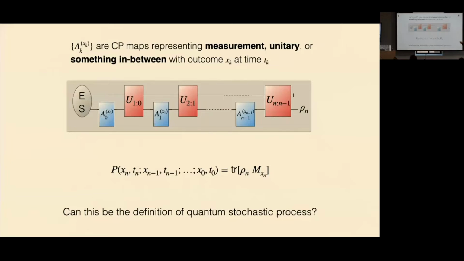And we might make a measurement at the end to turn this sequence into a probability distribution. Now the question is: is this a definition of a quantum stochastic process? Could this be a way to describe a quantum stochastic process? Because this right here is a classical stochastic process. This is nothing more than some notion of the Born rule.